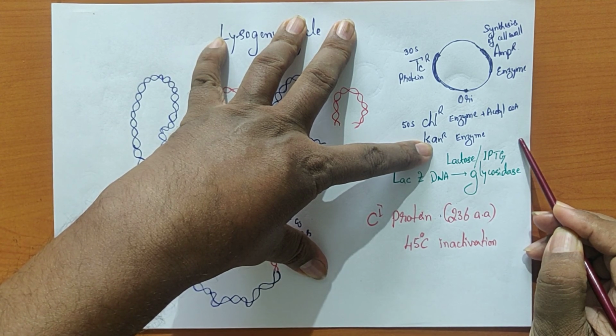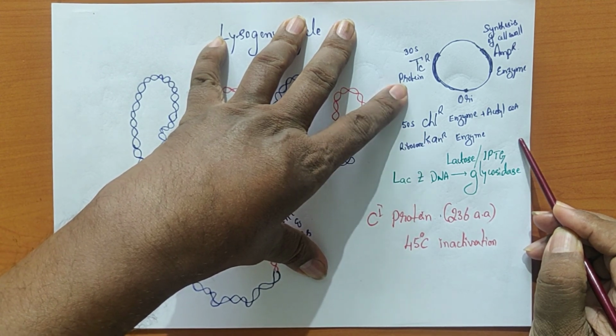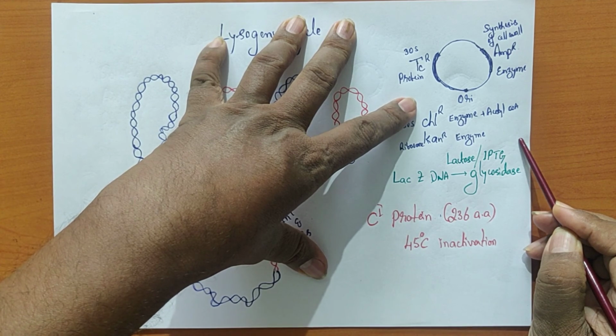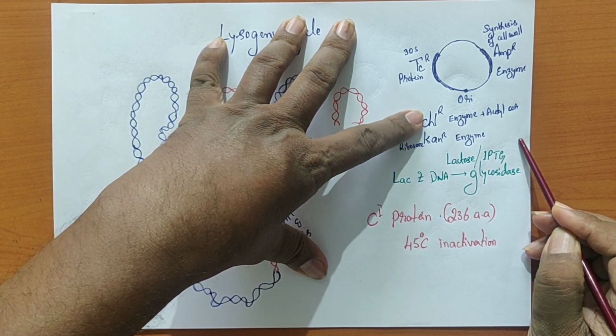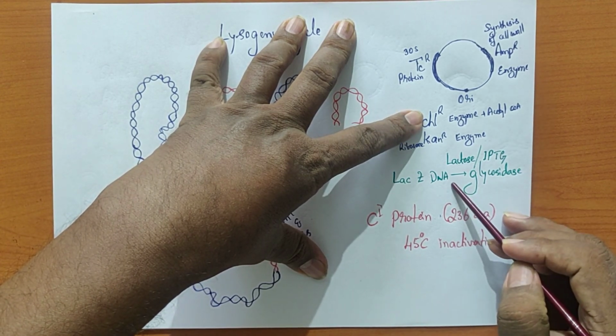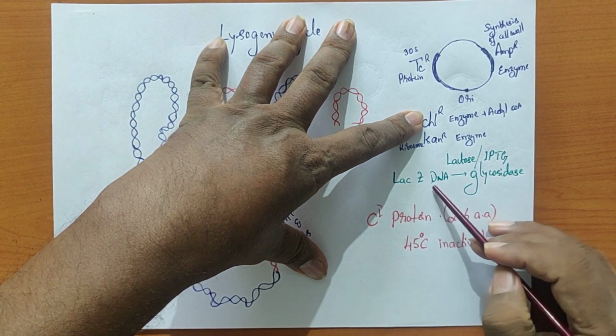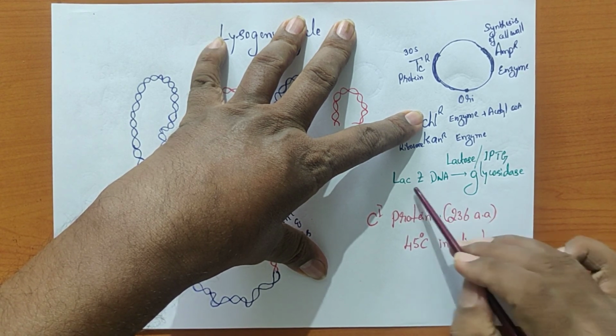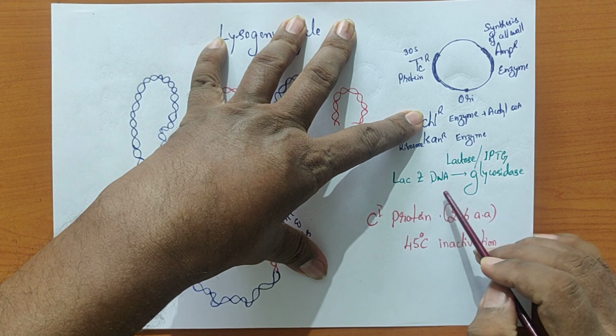If there is a high concentration of lactose, the lacZ promoter is functional. If the concentration of lactose is low, it is not functional. So even if you have the lacZ promoter, it is in our control, so that we can really regulate it.